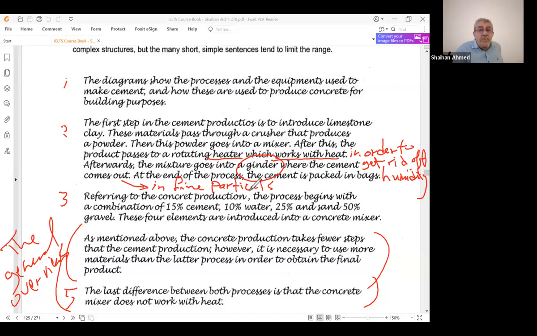So here, how about the concrete production? Can you add something here? In paragraph number 3, referring to the concrete production, the process begins with a combination of 15% cement, 10% water, 25% sand, 50% gravel. The 4 elements are introduced into a concrete mix. Why? Rotating to what?